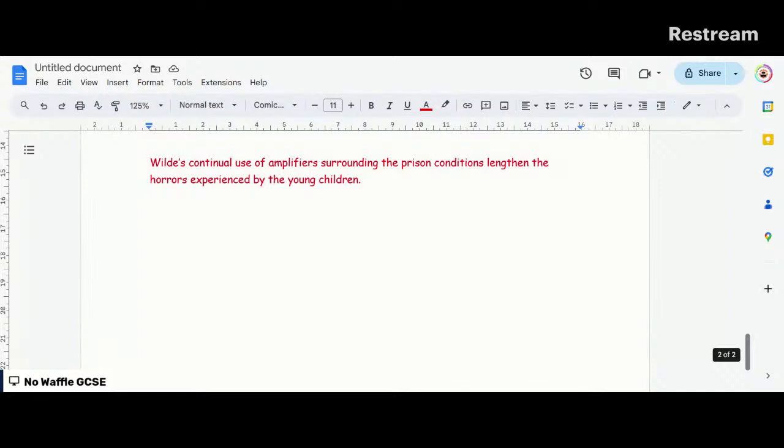Okay, so let's now supplement this. For instance, the writer exacerbates the minuscule size of the children through the amplifier quite.